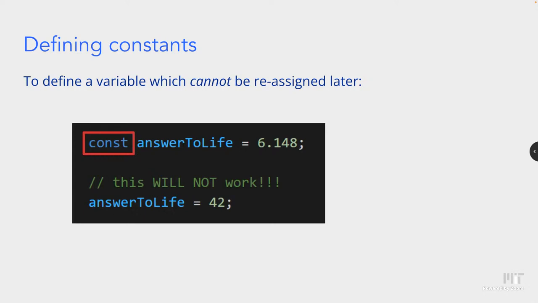And this makes sure that the answer to life does not change. So it is always 6.148. Unfortunately, it did change to 6.9620, but yeah. Okay. So remember, const cannot change, and let can.